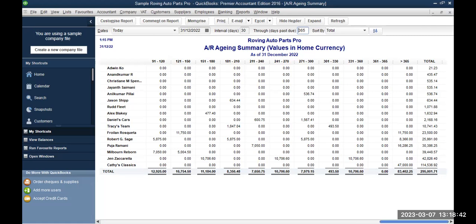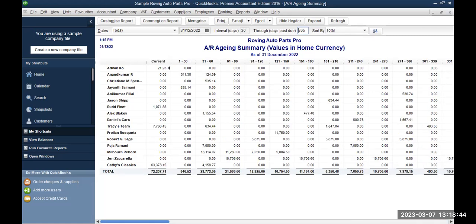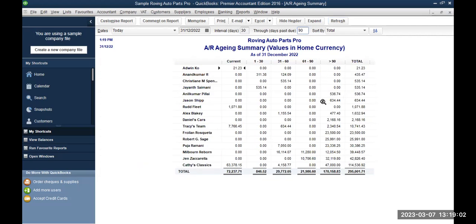And if you scroll to the other side, they have recent invoices. You see they have a recent invoice that was issued of $63,000. I'm going to reduce this so the window is smaller, 90 days instead of 365 days.